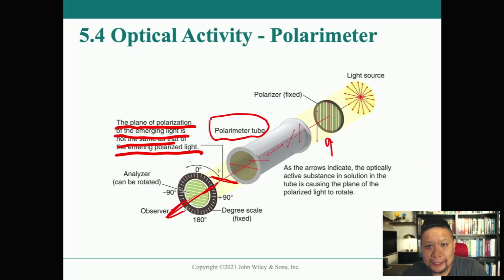As the arrows indicate, the optically active substance in solution in the tube is causing the plane polarized light to rotate. Cool stuff. So that's the essence. The polarimeter has a molecule in there that's optically active, and it can change the plane that the polarized light is going at, either vertical or horizontal. Good stuff.